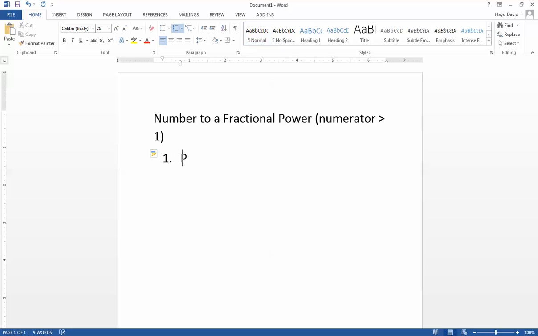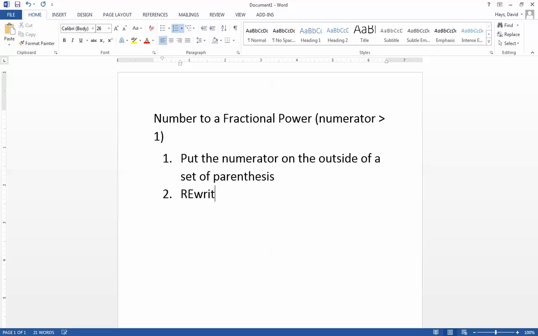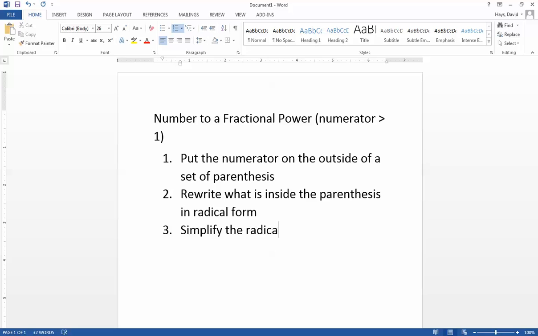Step 1. Put the numerator on the outside of a set of parentheses. Step 2. Rewrite what is inside the parentheses in radical form. Step 3. Simplify the radical. And step 4. Simplify what is left.